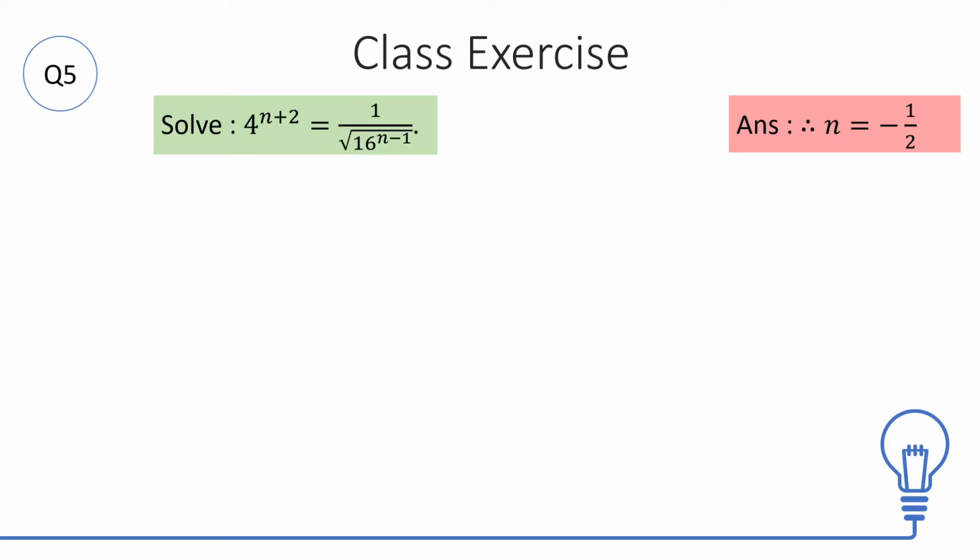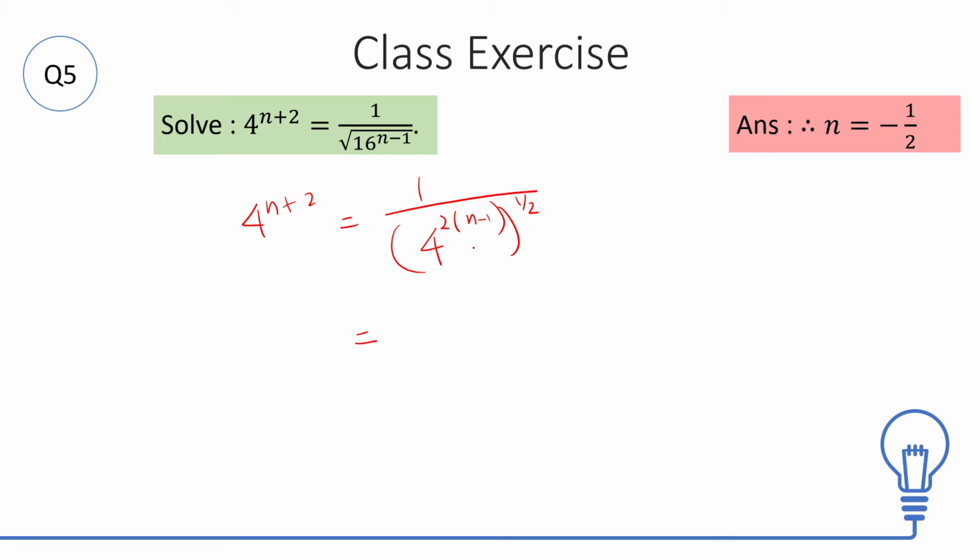Okay, the next question seems quite alike. Now 4^n equals 1 over something. I change it to a half. Why didn't I change it to the other one? Because I look at my left hand side, which is 4, so I change it to 4 to the power of 2, and sorry, this one is n minus 1.